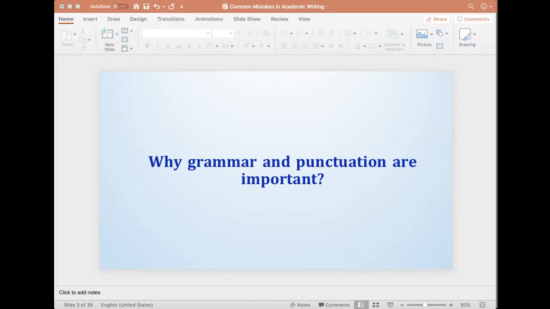Any ideas? Any answers? So, yes, to write better, exactly, Mr. Abdulaziz. Bad usage can affect grades and comprehension. Yeah, I totally agree with you. Comprehension is very important here. And to deliver the information correctly, this is another important thing.